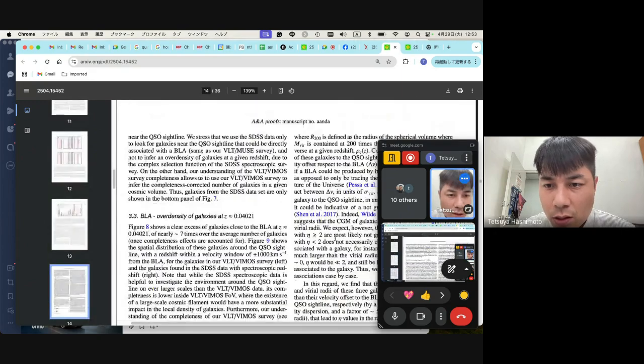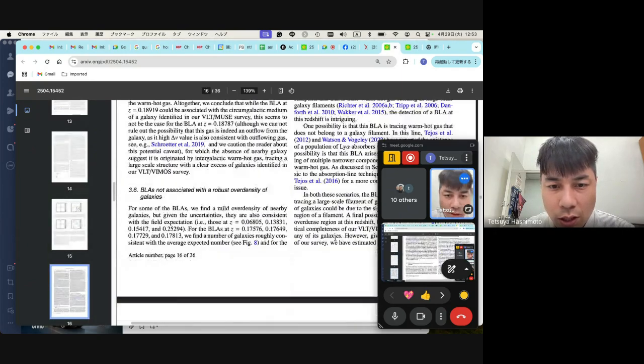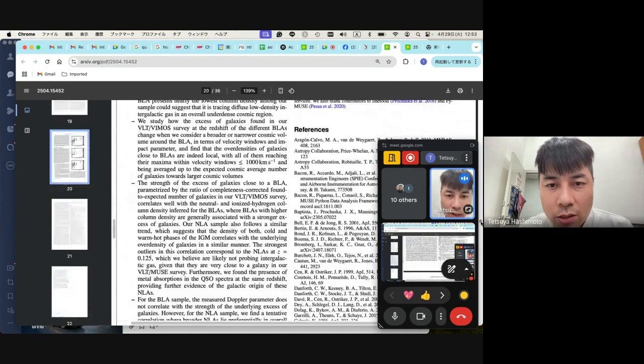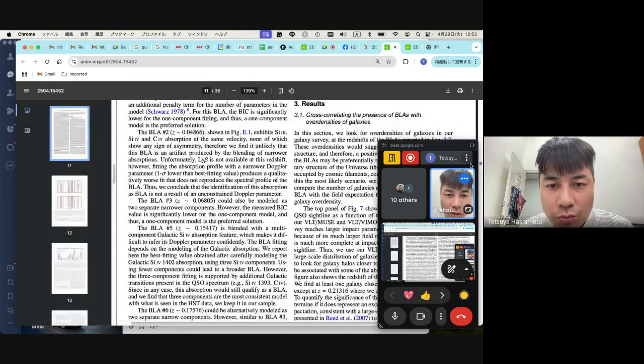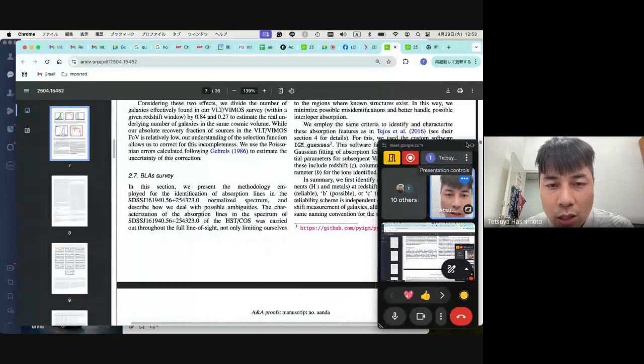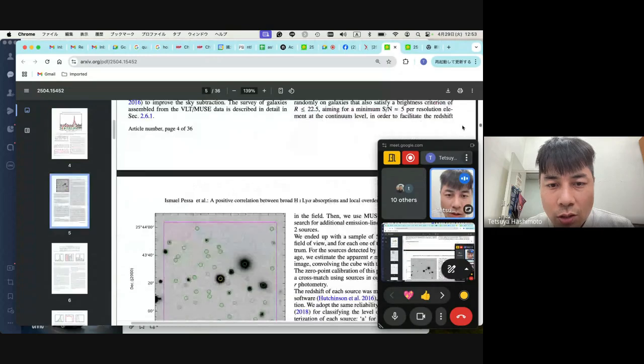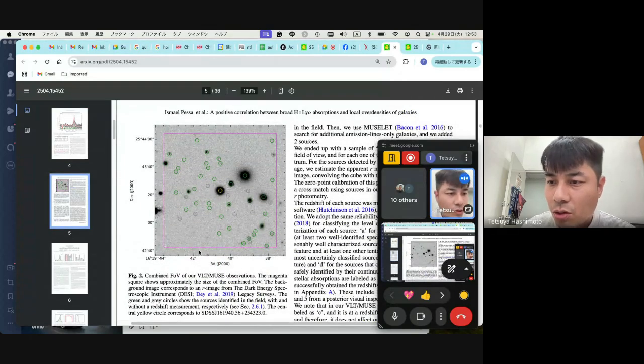There are so many figures, but I will try to go to the important image. In addition to these column density measurements, they also know the galaxy distribution around this quasar position.